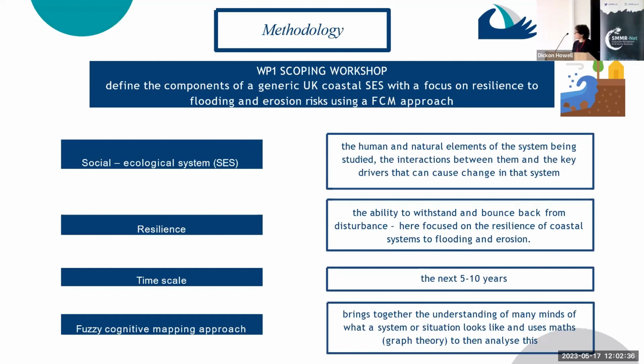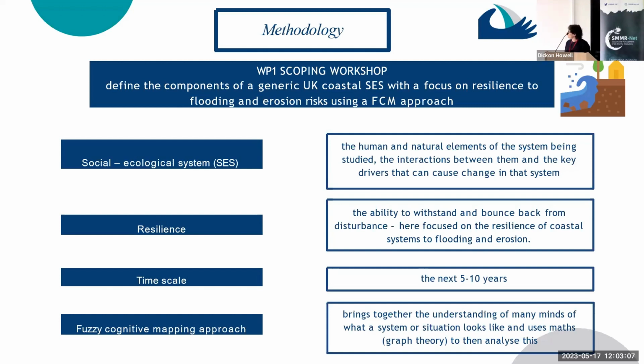Here you can see some of the definitions, because yesterday we mentioned that definitions are important. Please don't ask me the definition of resilience. This is just a working definition for us. I'm not here to reinvent the wheel. So by social ecological system we mean the human and natural elements of the system that we are studying, the interaction between them, and the key drivers that can cause change in that system.